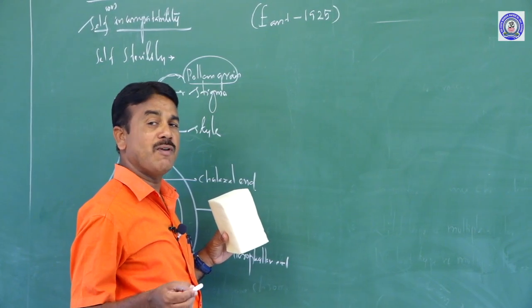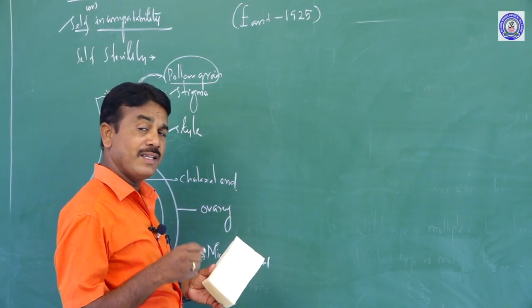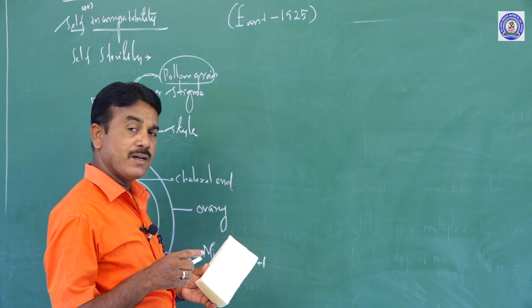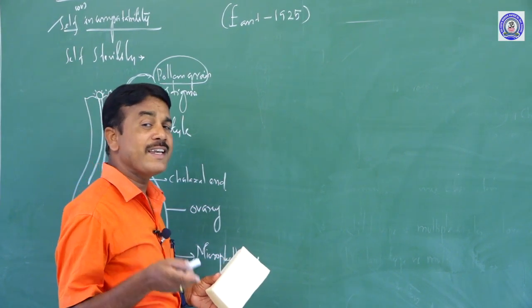They are responsible for self-incompatibility. After that, East designed a symbol for the gene that causes self-sterility.